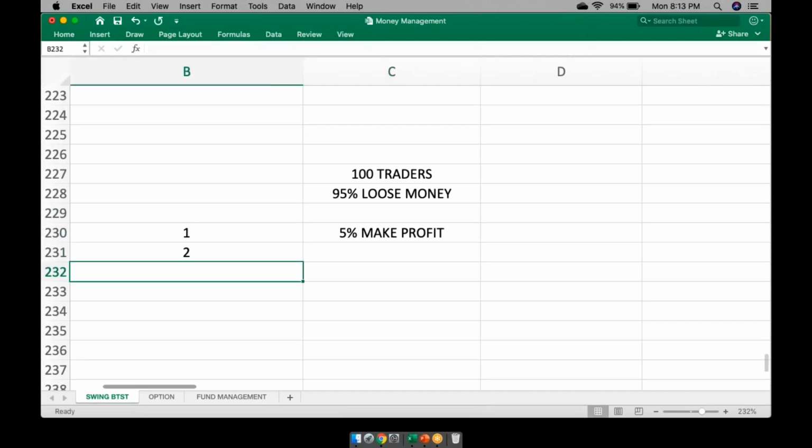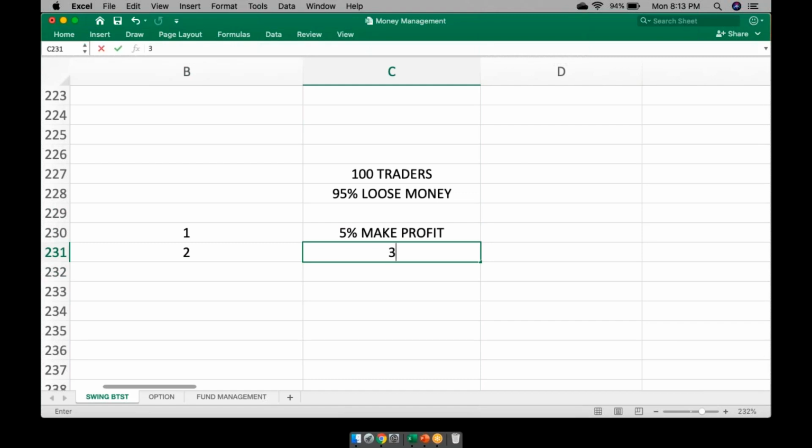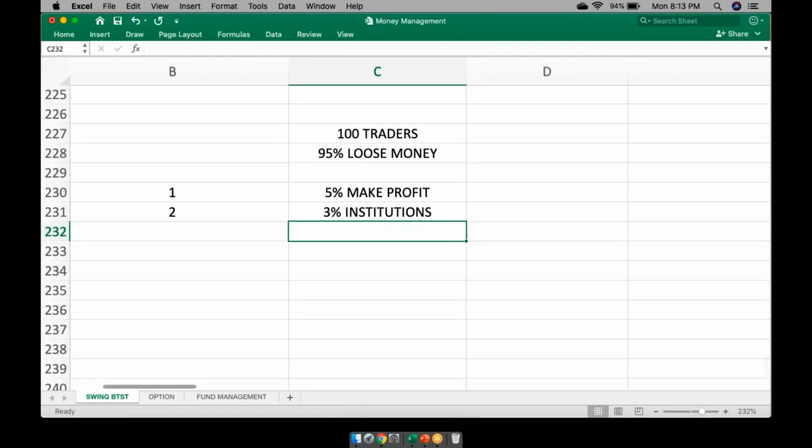Number two, in this 5%, 3% are institutions, like LIC, mutual fund houses, Kotak PMS, ICICI PMS, many banks have PMS.